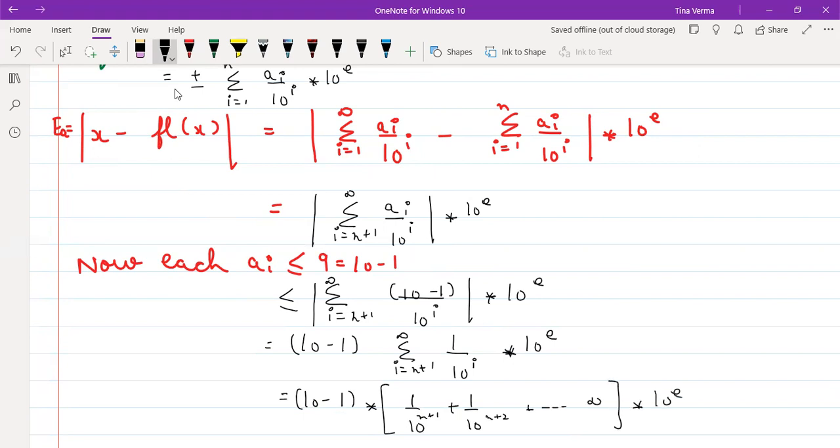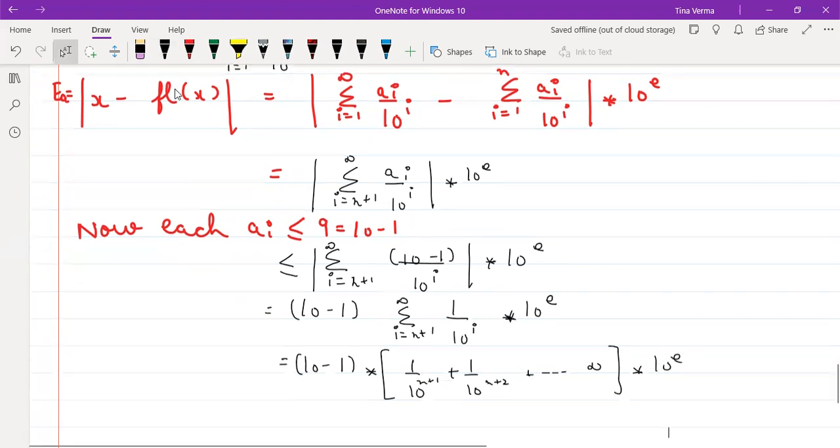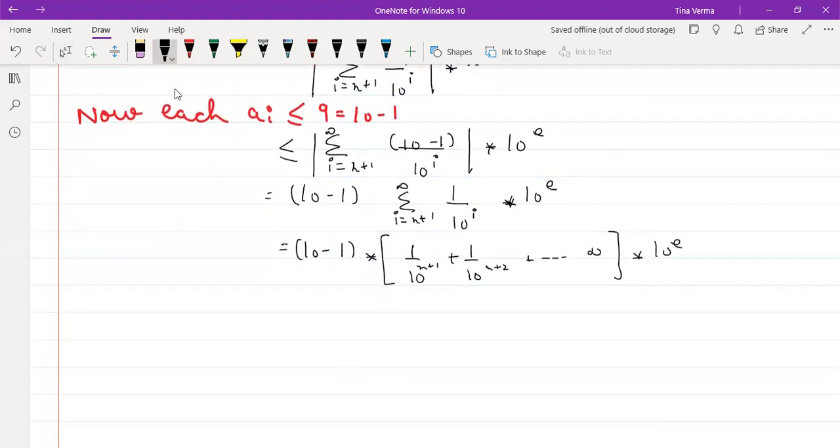This is nothing but the sum of a GP. What is the GP sum? S infinity is a upon 1 minus r, and here r will be 1 by 10 and a will be 1 by 10 raised to the power n plus 1.